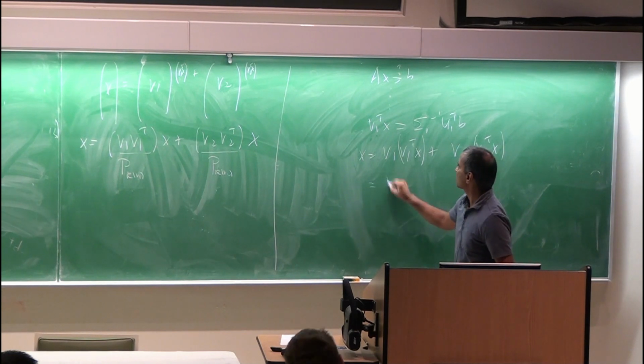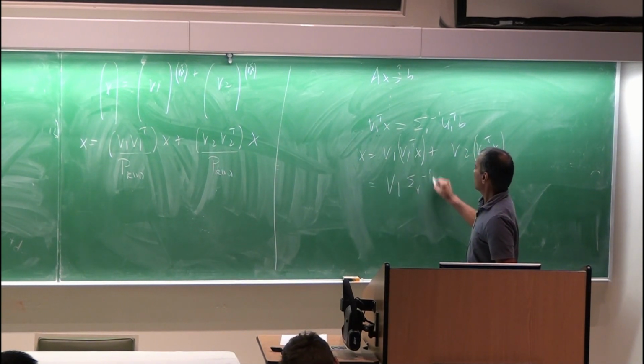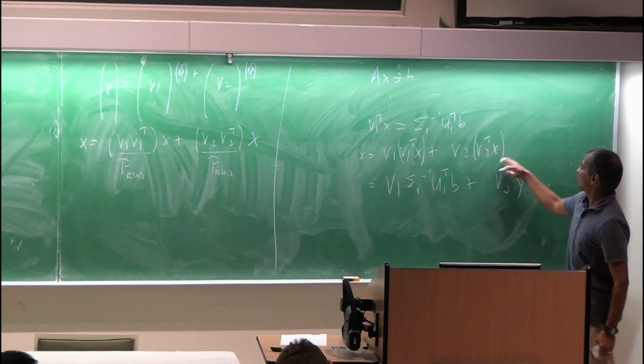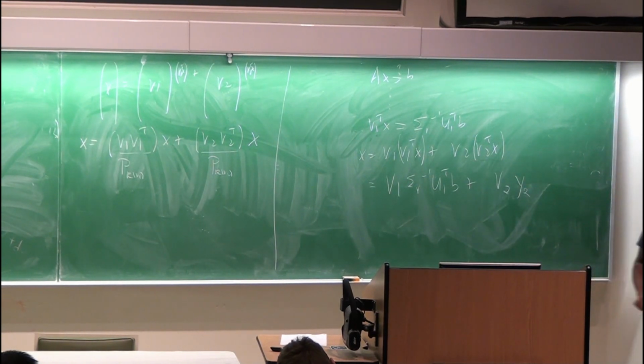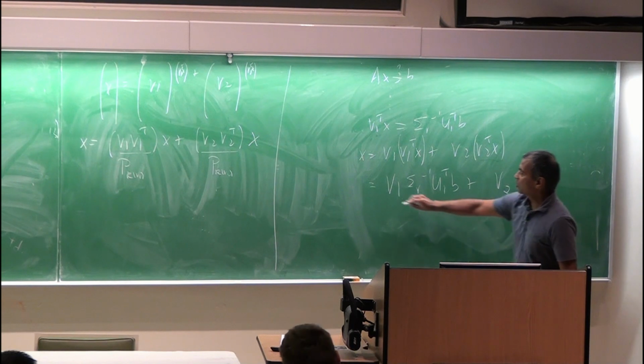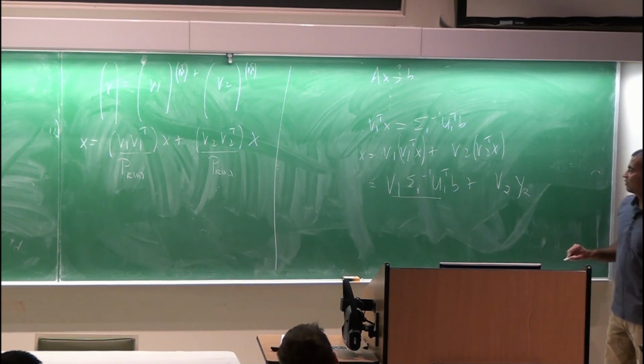So X can be written as V1 sigma R inverse U1 transpose B plus V2 times whatever you want to call these numbers, Y2, for example. So this is a shortcut way of writing it down. It doesn't have much geometrical meaning of why this particular one, but it would still be very natural to write this expression down. And this part is called the pseudo-inverse.